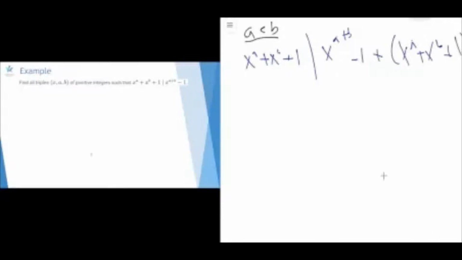So, in other words, it divides x to the a plus b plus x to the a plus x to the b. And we know this not even by the division algorithm, it's just simple factoring, because we know this thing divides that, so we can factor it out. This other one factors this, so we can factor it out. So that means it divides the sum of these, right? So we have this left-hand quantity divides this right-hand quantity.